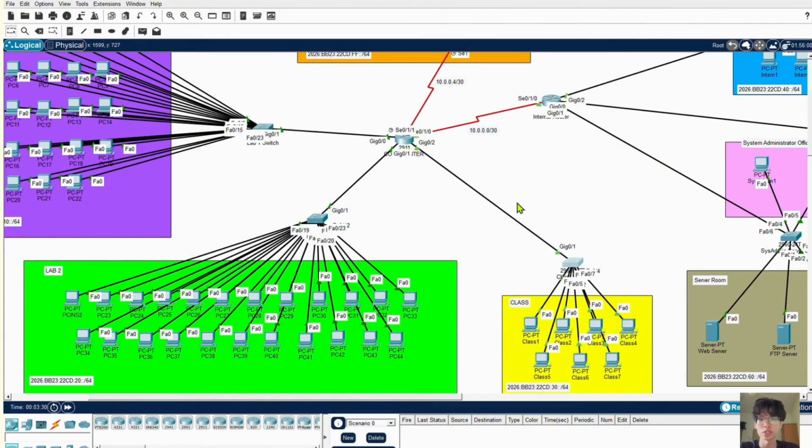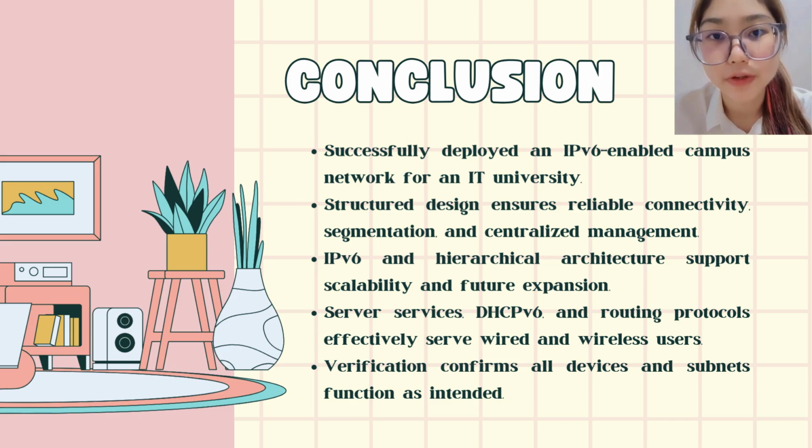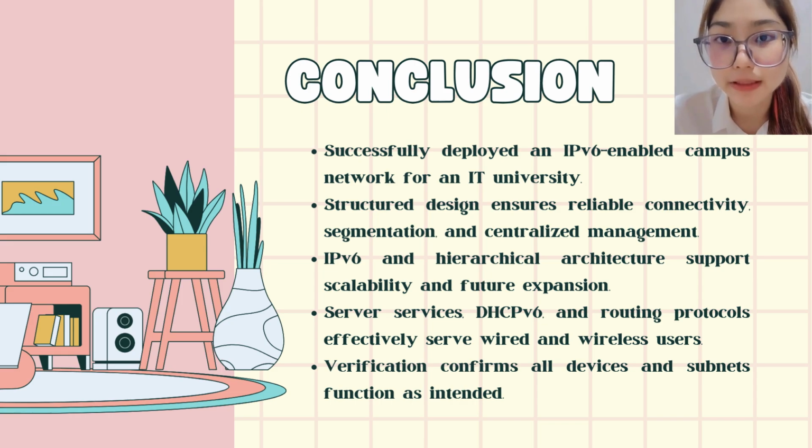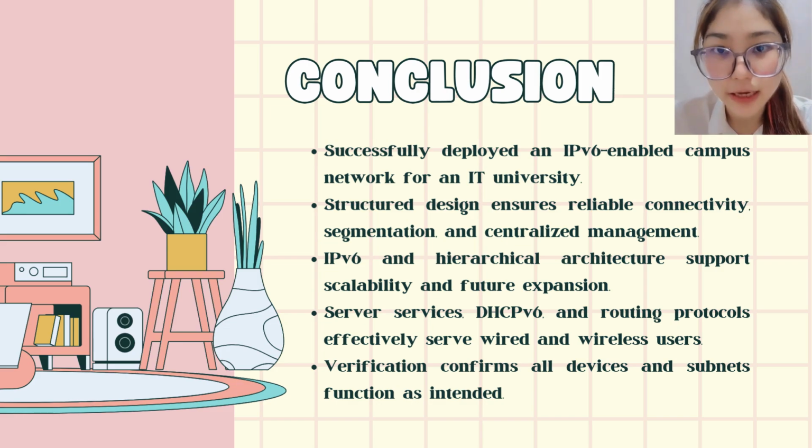That's all for security. In summary, this project successfully designed and deployed a comprehensive IPv6-enabled campus network for an IT university, meeting functional requirements across all departments and services. Careful planning, organized architecture, and detailed configuration ensure reliable connectivity, logical segmentation, and centralized management.